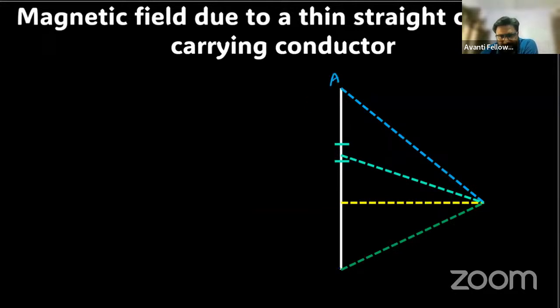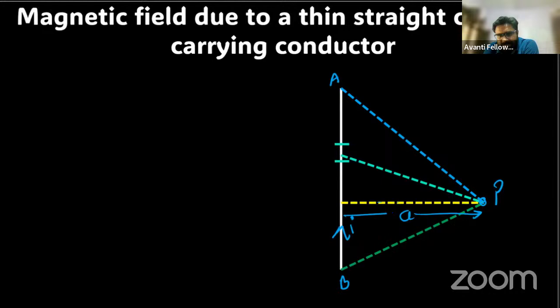So this wire is AB. This point is P, where we have to find out the magnetic field. And the current in the wire is I. We have taken focus on this yellow dotted line. We have taken a perpendicular distance from the wire to this point P, where we have to find out the magnetic field.